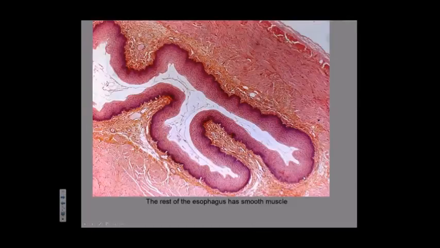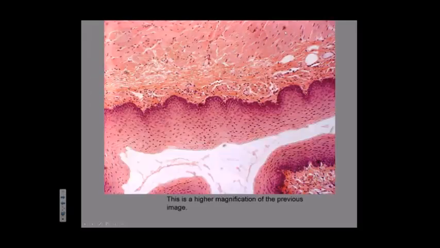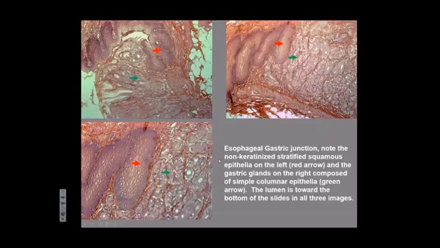Okay. So here's some more esophagus. This is a nice image. You have the mucosa, the submucosa, the inner circular layer, the outer longitudinal layer, just like everywhere else. Higher power, the same thing.